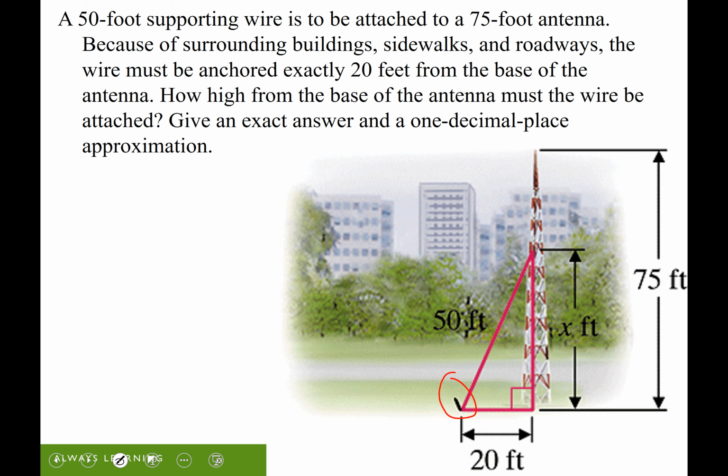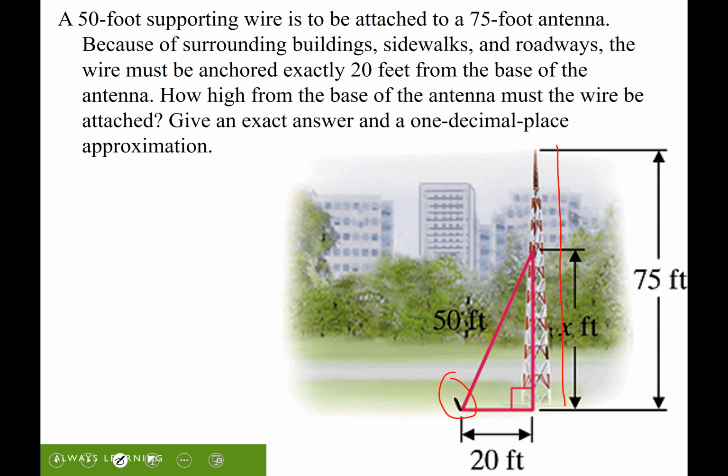So here you are, standing right there. You know you've got a 50-foot wire that you've got to then climb this antenna and support that wire on the antenna. Okay, so our question is, how high from the base of the antenna must the wire be attached? So we know our antenna is 75 feet tall.